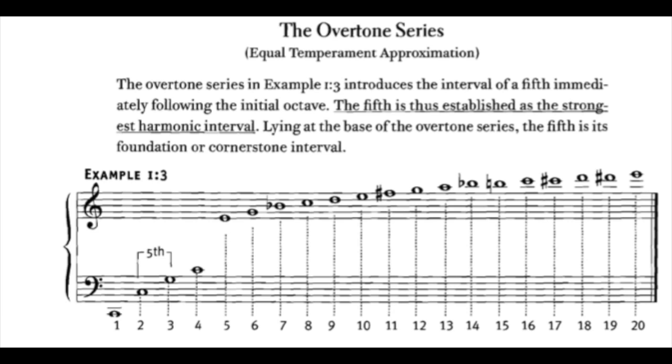At the outset, it's very important to have a very quick look at the overtone series and look at the perfect octave and the perfect fifth. Now we will look at the C major scale and see how it develops.